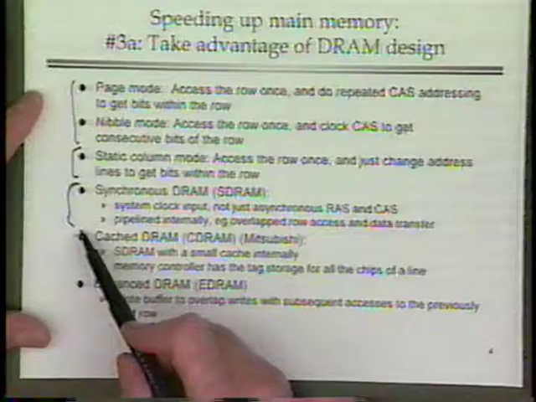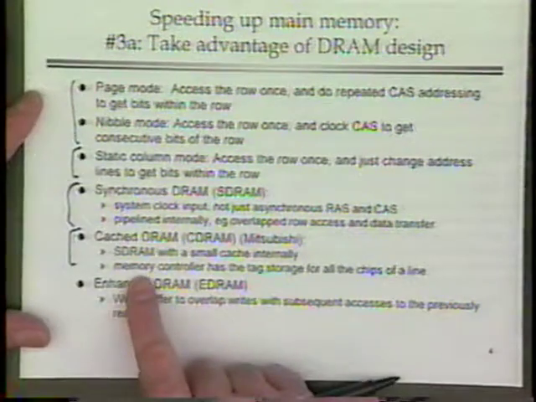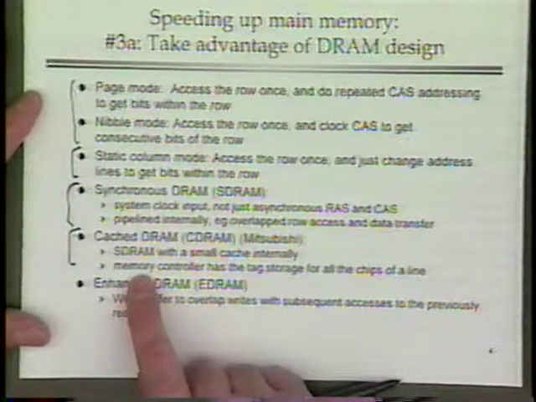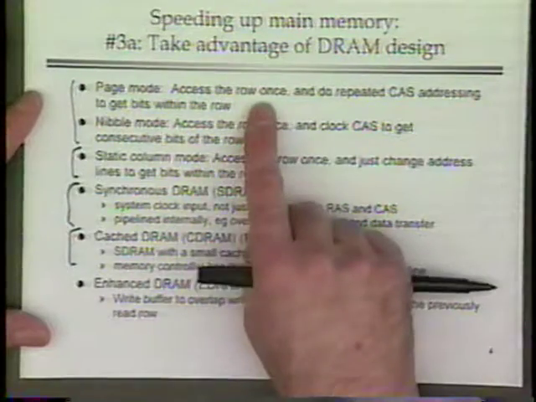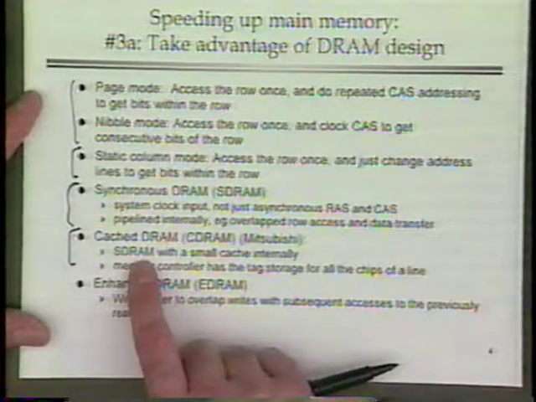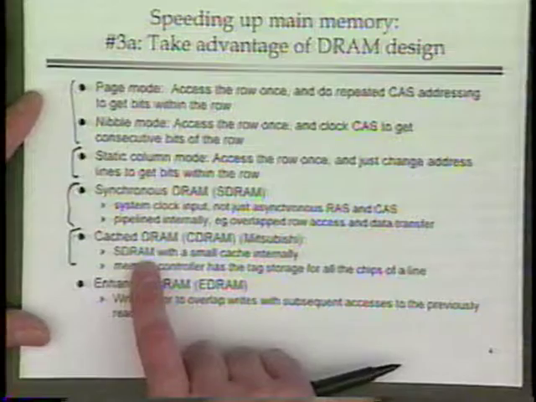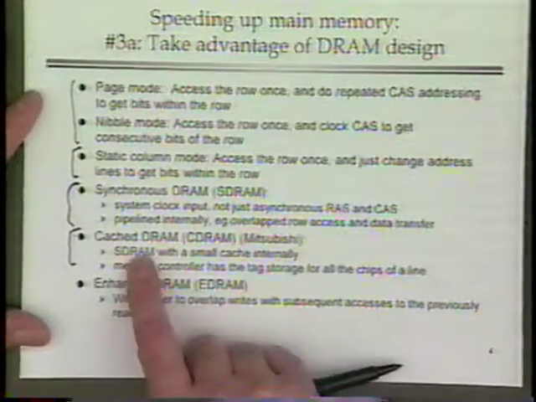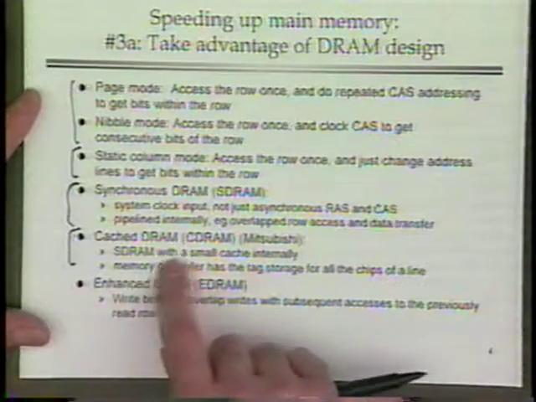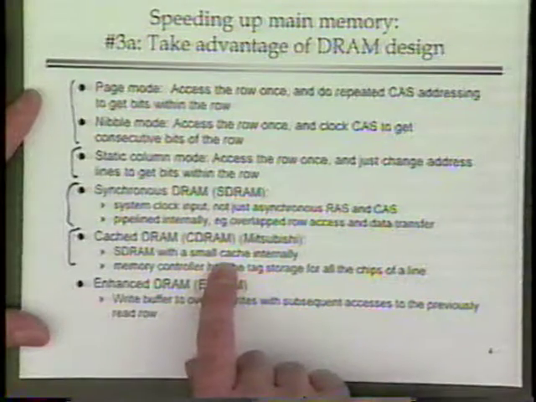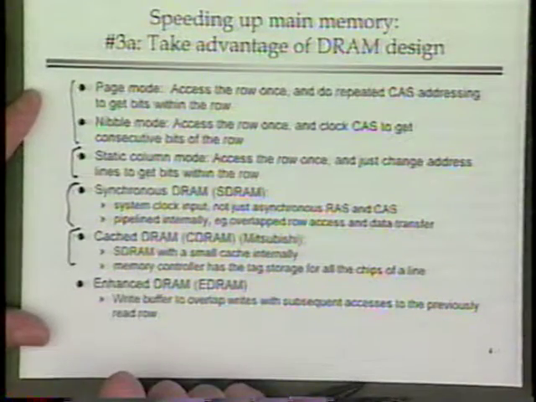Another scheme for making memories faster is basically to put a cache inside the chip itself. In a sense, the row buffer is a kind of cache, but you can consider, and Mitsubishi has chips that do this, elaborating that row buffer with a larger cache, perhaps multiple rows.